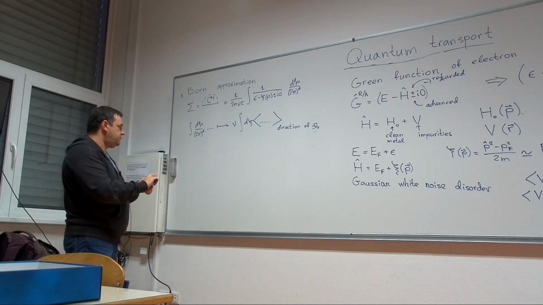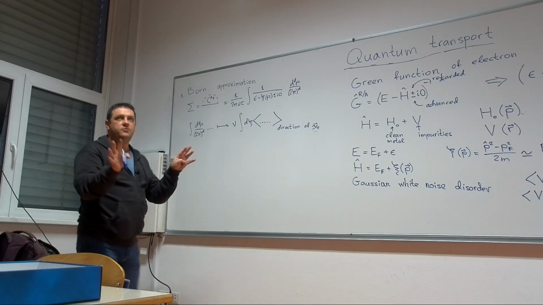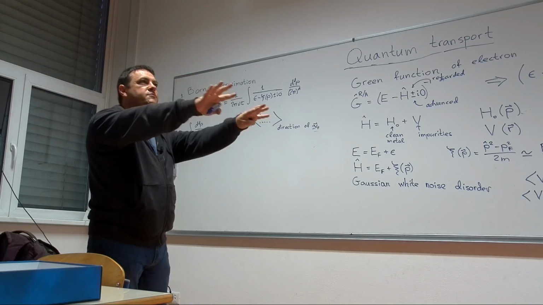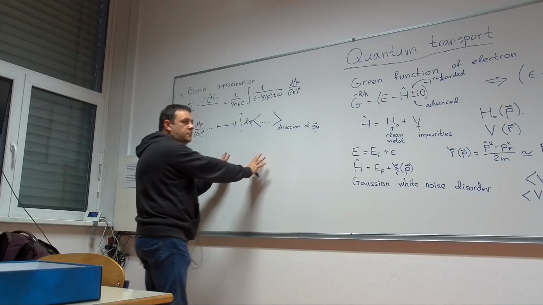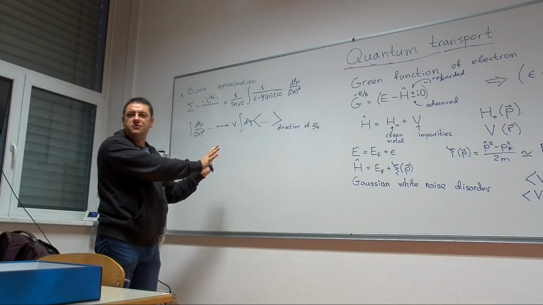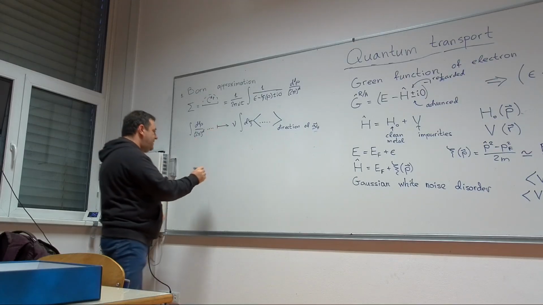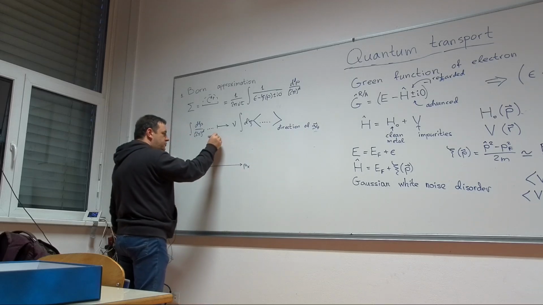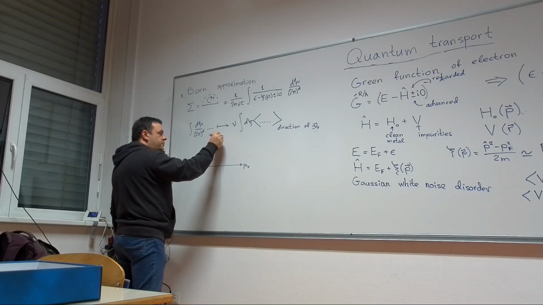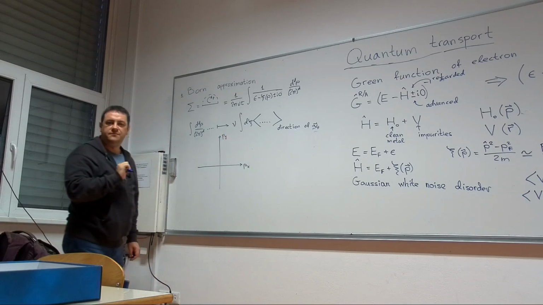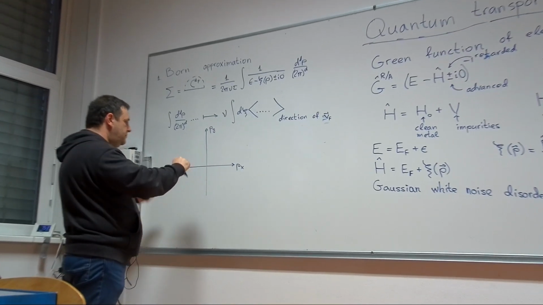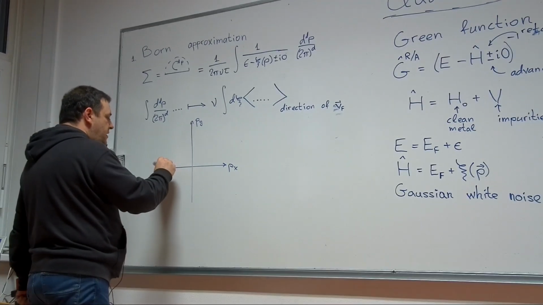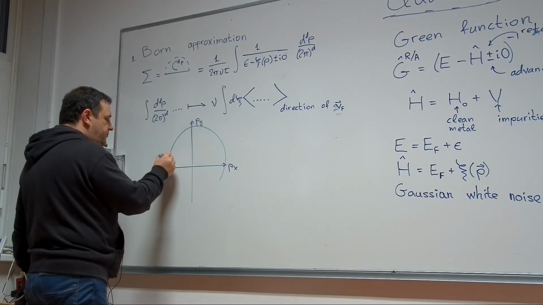So what does it mean? Imagine we are living in a two-dimensional space. This whiteboard is our whole world, it's two-dimensional. And then this is the momentum: X component of momentum, Y component of momentum. And then we have a metal, and it has a Fermi surface.